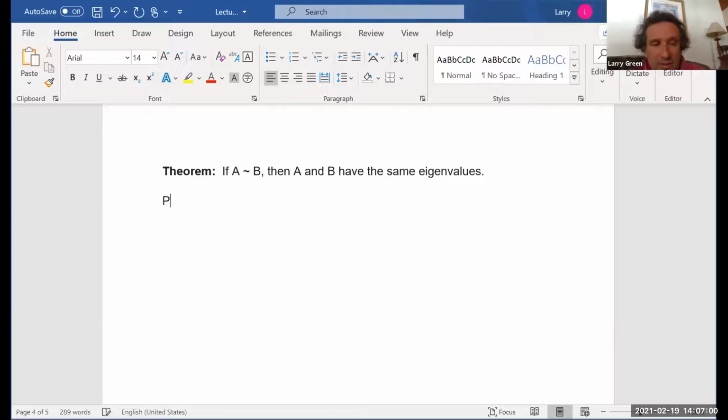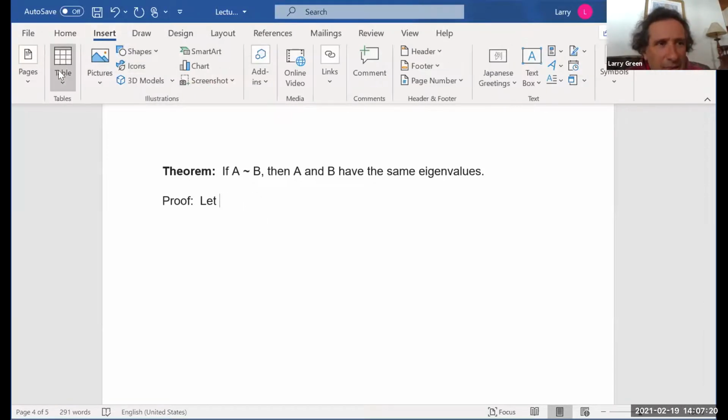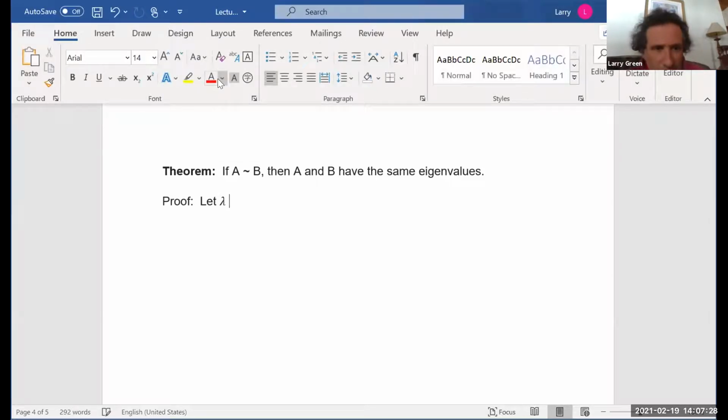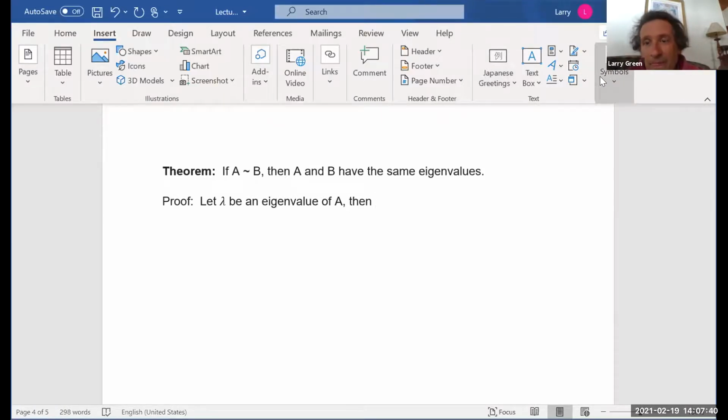So we want to prove this. I should prove something every day, right? Otherwise, it's not fair to you all since you have to prove things. Well, let V be an eigenvector. Let lambda be an eigenvalue of A. Then, by definition, what does the definition say?